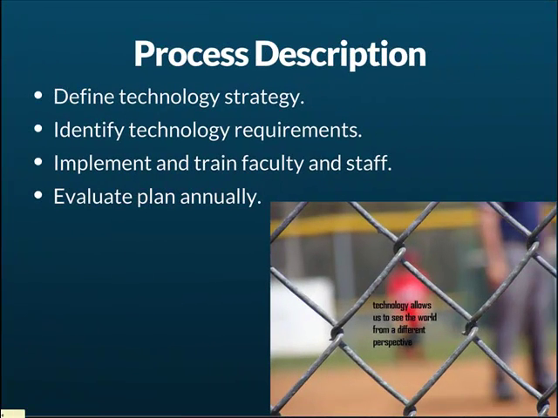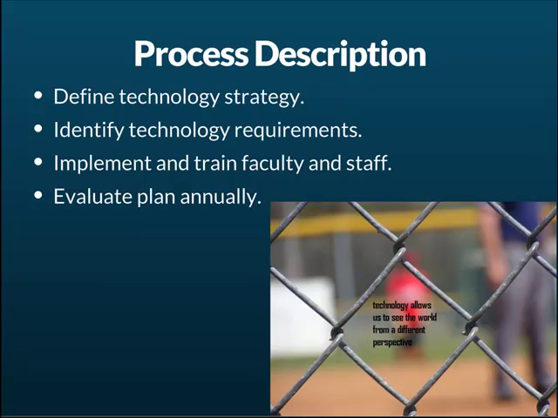There are 5 main steps in developing an effective technology use plan. First, a technology use plan strategy needs to be developed that will outline the university's technology mission and vision. This vision should attempt to outline both short and long-term goals. Part of this technology strategy is to conduct a needs analysis. The next step is to identify the technology requirements.